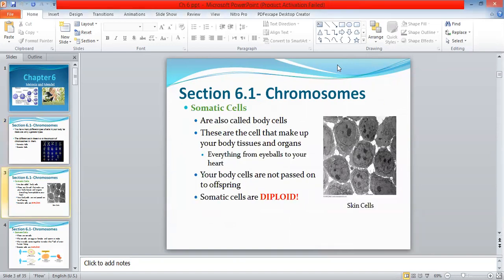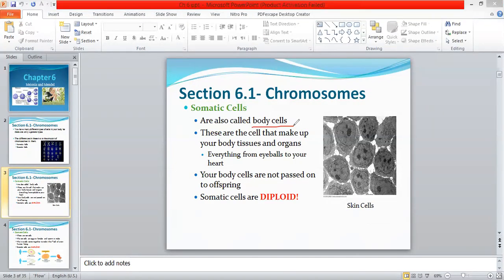We study each one of them in detail. Let's start with the somatic cell. We say that somatic cells are called body cells, as you can see, body, and they make your body tissues, your body organs, everything except the sex cell, not sex organs.